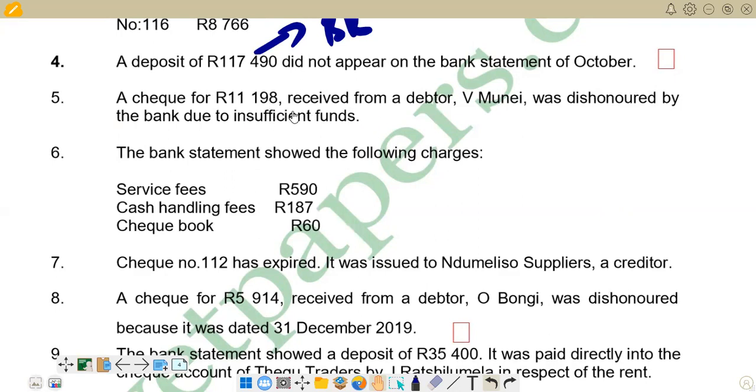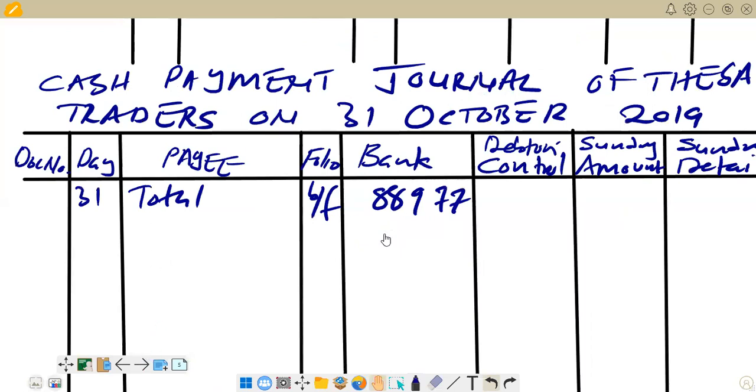So we go to the cash payment journal and put 11,198. We go to the cash payment journal and see what we have. This is our cash payment journal. So we are going to enter that one, which is B. Munei, and the amount is 11,198.